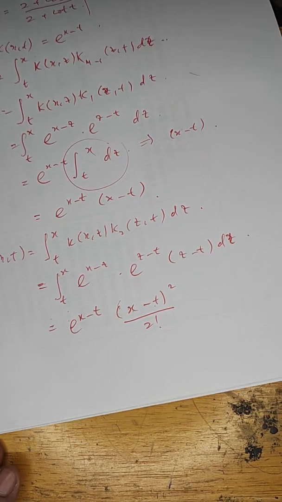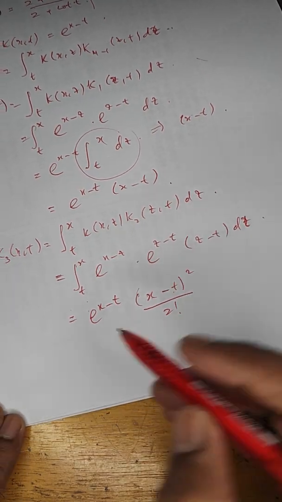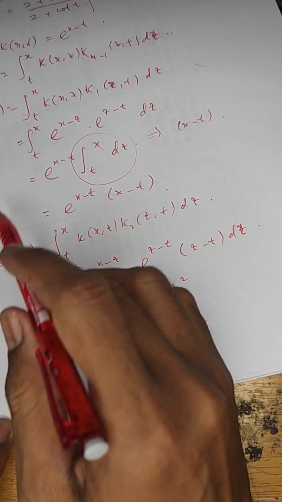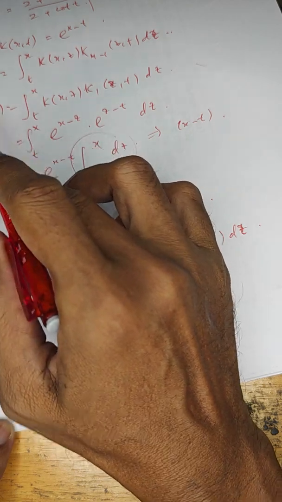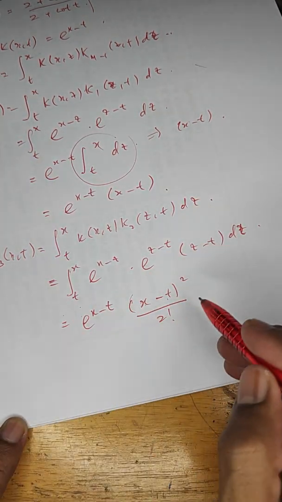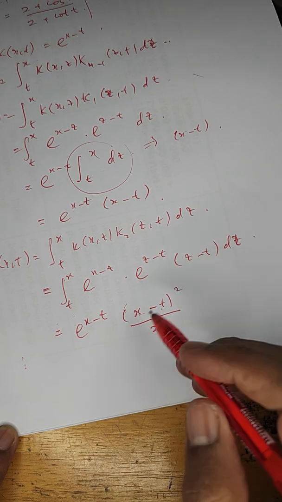If you proceed with this, we can find K1, K2, K3, and so on. You can find up to Kn.